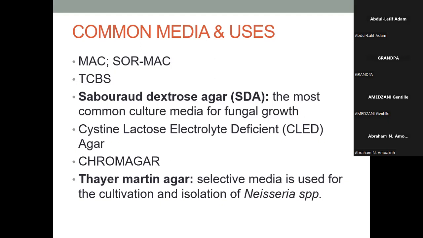Bile is poured through the bile duct into the duodenum and then into the intestinal tract, and therefore bacteria in the intestinal tract are used to the environment of bile. So if you prepare a medium that contains bile, it will not kill gram-negative rods.